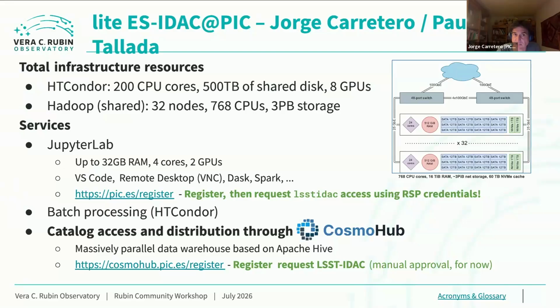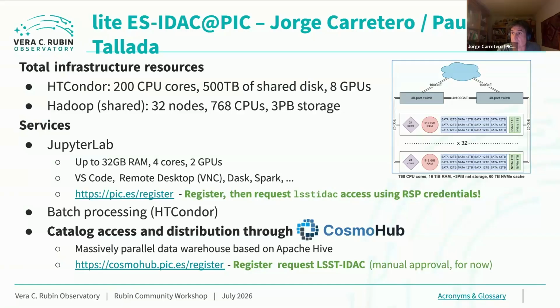So here we can see the total resources available in our current infrastructure. It provides 200 CPU cores, half a petabyte of shared disk, and 8 GPUs. In addition, we can take advantage of our shared Hadoop cluster, and you can also see in the slide the main characteristics in terms of numbers.